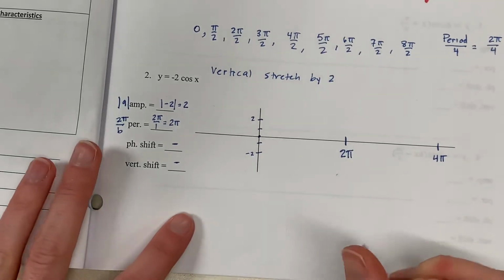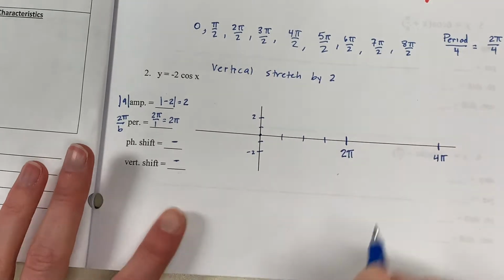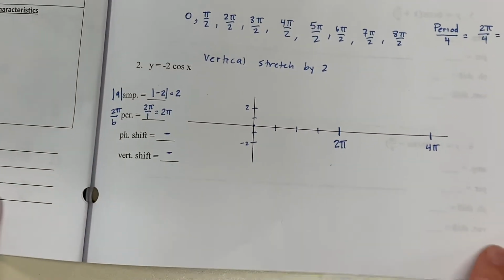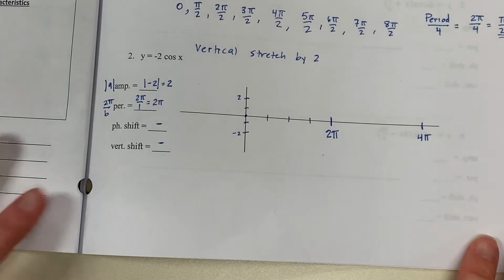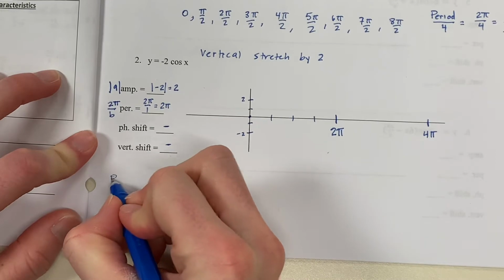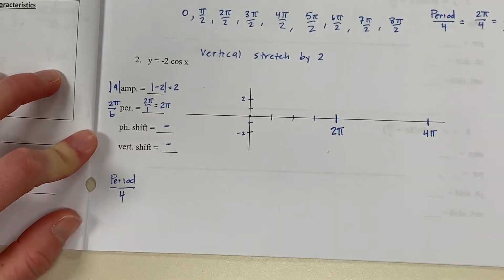Now, within each period, there are 3 significant points dividing the period into 4 equal parts. So to make it easier to label the x-axis, I'm going to take my period and divide it by 4, and this is going to give us the length between each point.